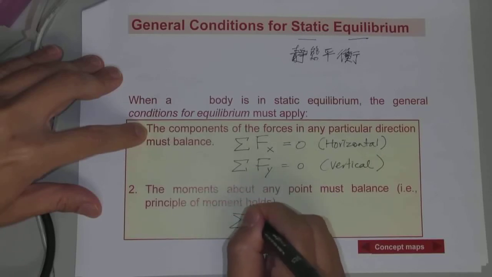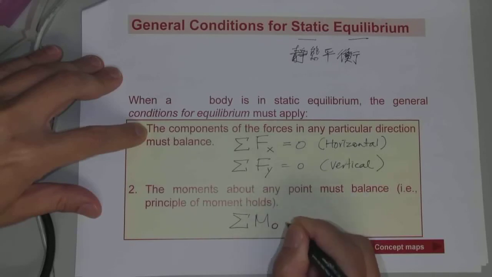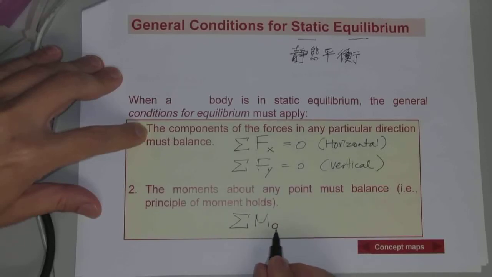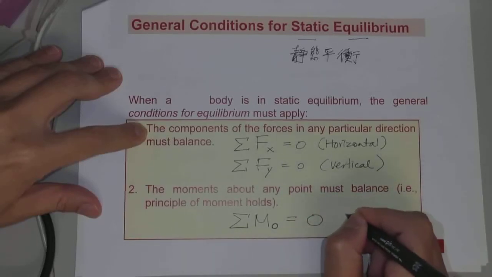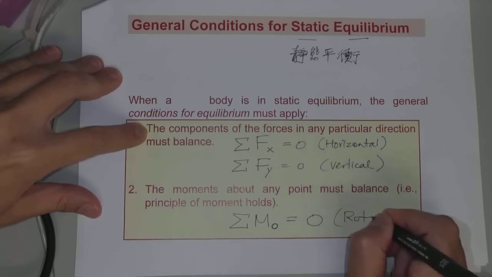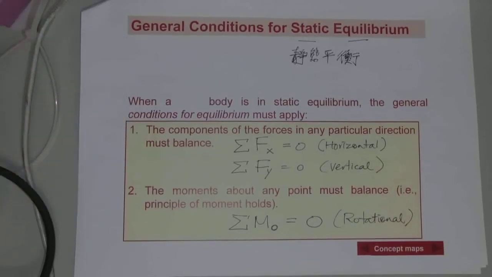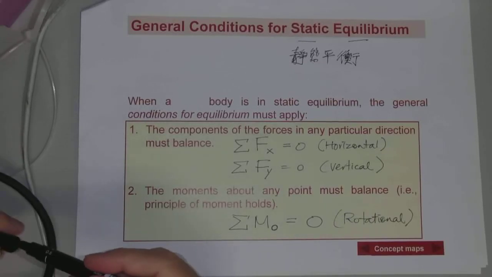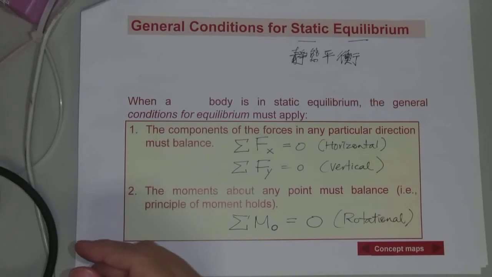Then sum of all moments about point O is 0. That's rotational. So all three conditions have to be satisfied. Otherwise, it's not in equilibrium.